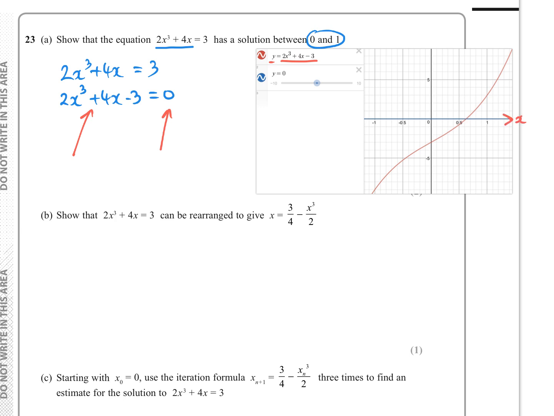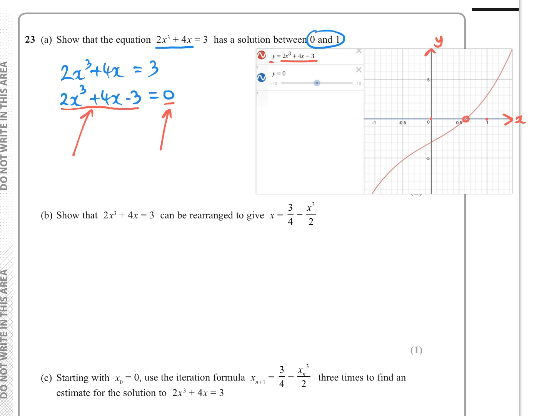So if I just put this on as x, and this is y, we can see here that between 0 and 1, the curve does indeed cut the x-axis, i.e. 2x cubed plus 4x minus 3 is equal to 0 for some value between 0 and 1.